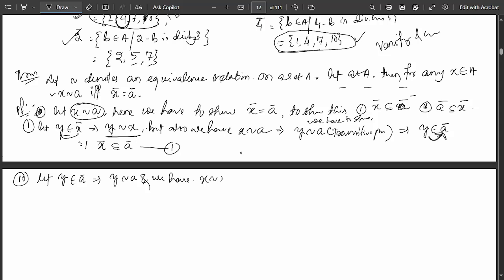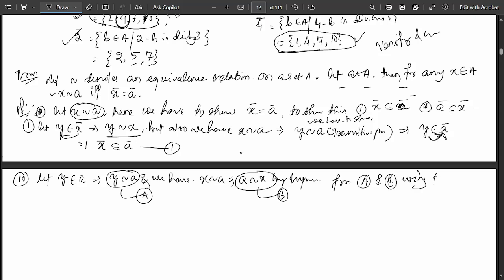From these two conditions, using the transitive property, y is related to A and A is related to x.